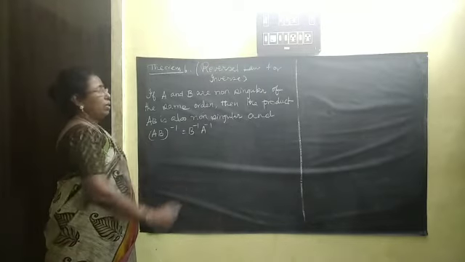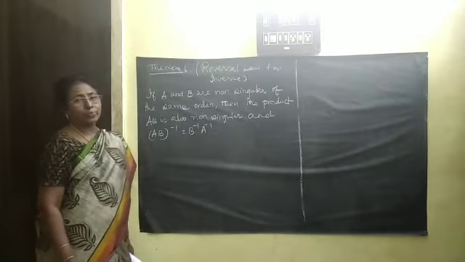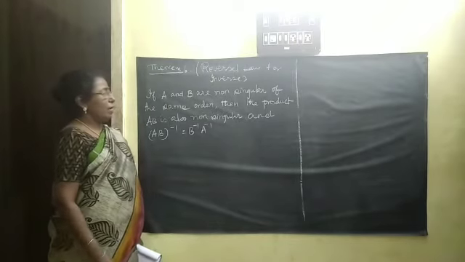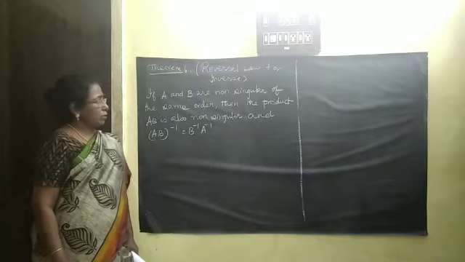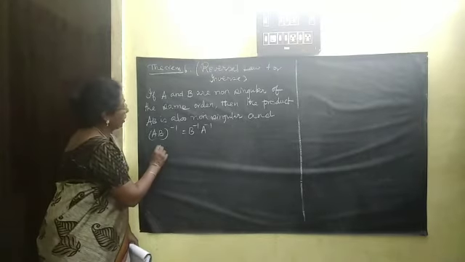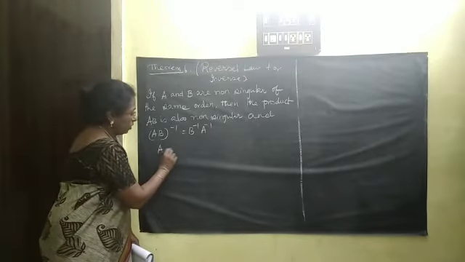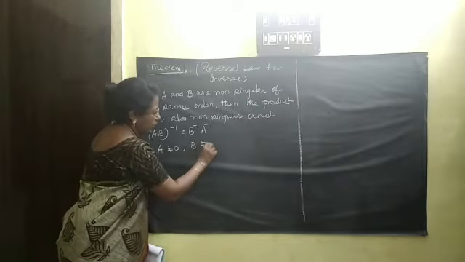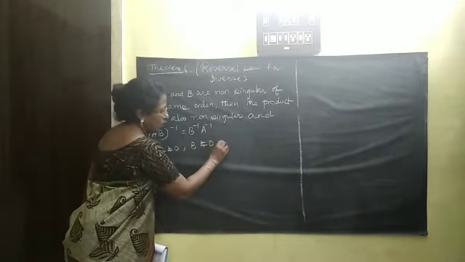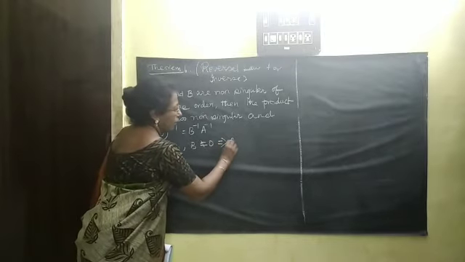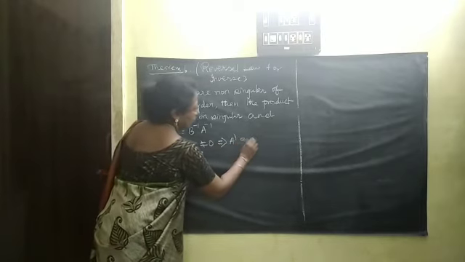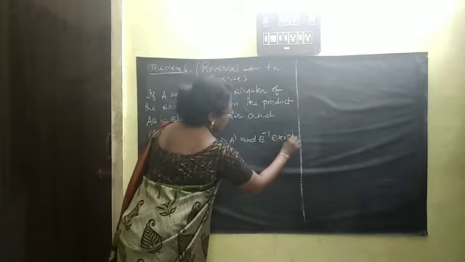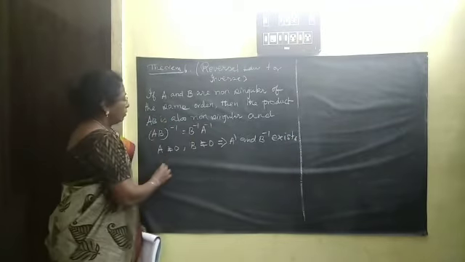If A and B are non-singular, A inverse and B inverse exist and they are also non-singular. So, if determinant A is not equal to 0 and determinant B is not equal to 0, implies A inverse and B inverse exist.